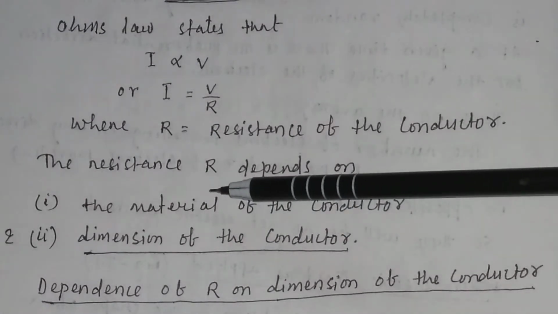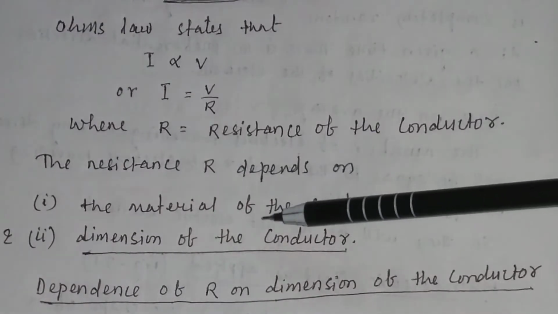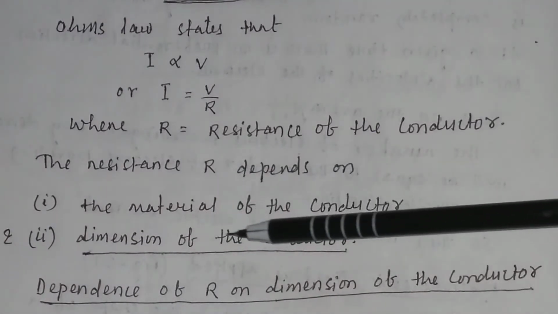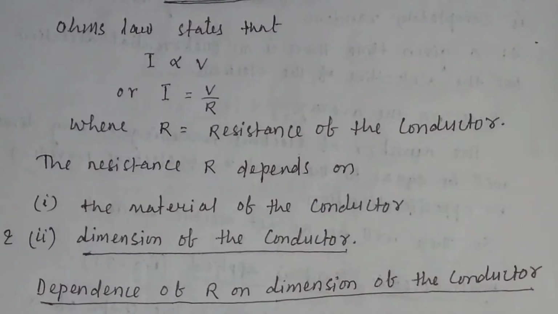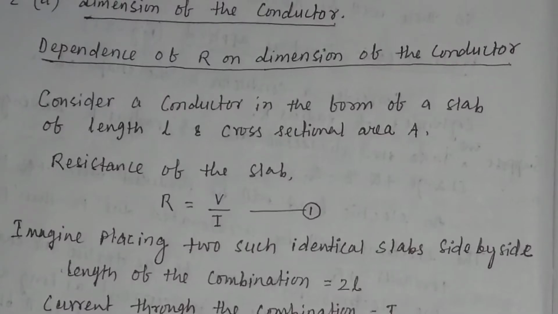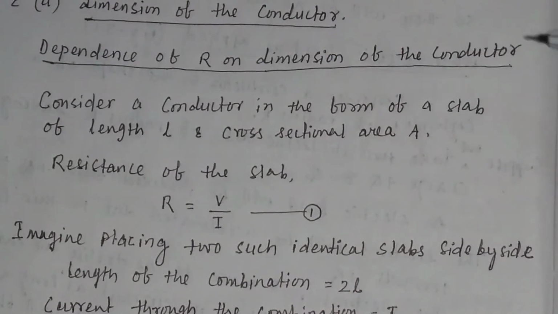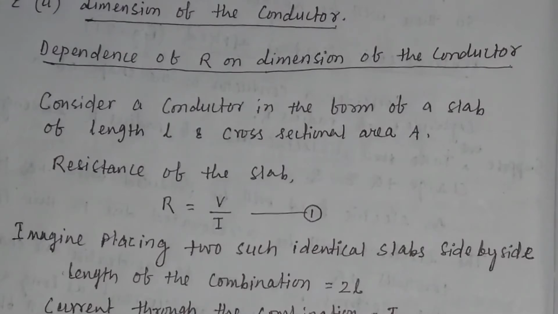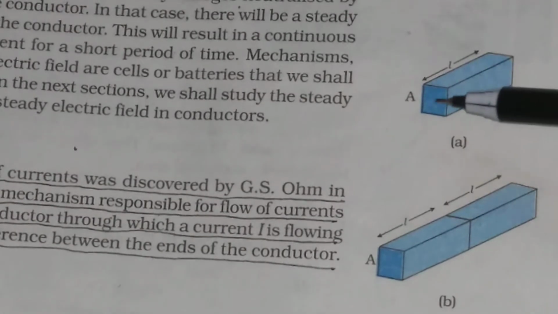Now let us see how the resistance R depends on the dimension of the conductor and the material of the conductor. So, dependence of R, or resistance, on dimension of the conductor. Consider a conductor in the form of a slab.